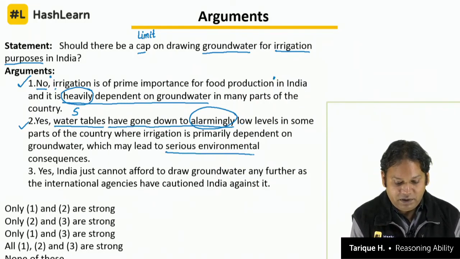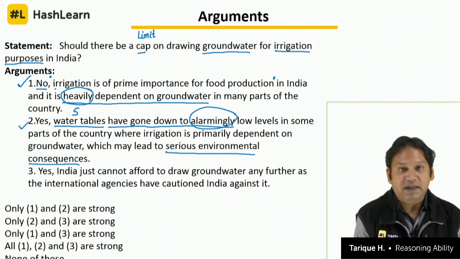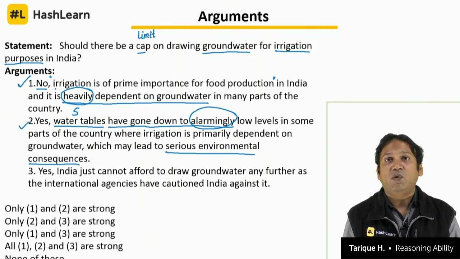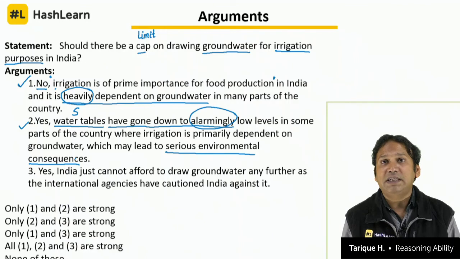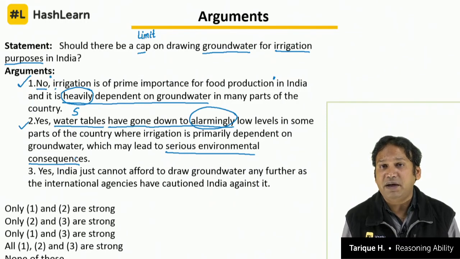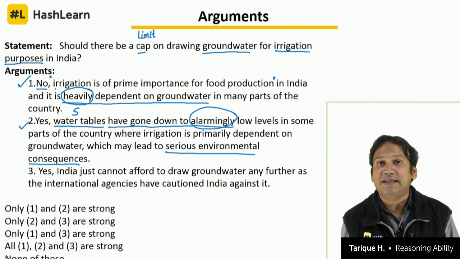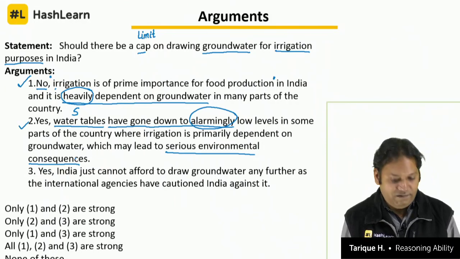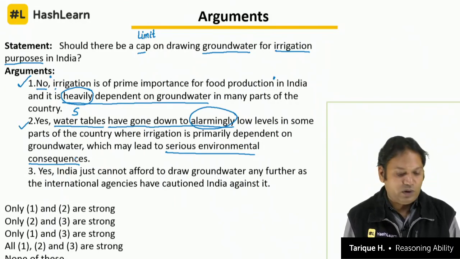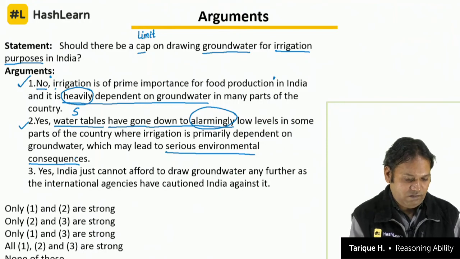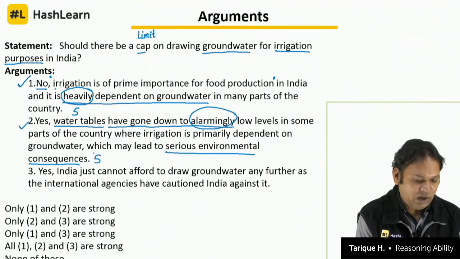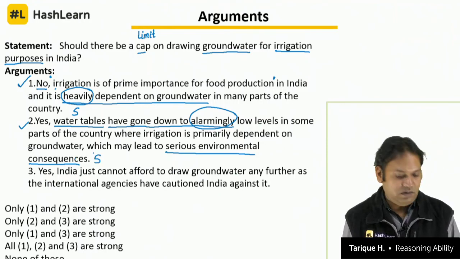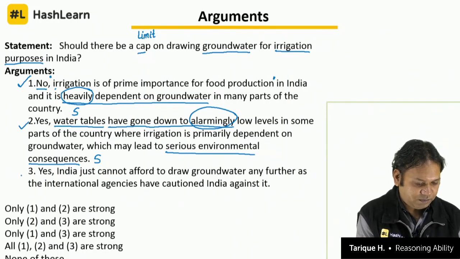Serious environmental consequences like complete scarcity of groundwater, and what will people drink, all boring machines will fail, and then we will be completely dependent on supply water for our regular water requirement. And we know what happens during the summer season when that supply water does not come. It can lead to serious environmental consequences if the groundwater is completely depleted. So very well worded, strong argument. Second one is also a good argument, strong argument.